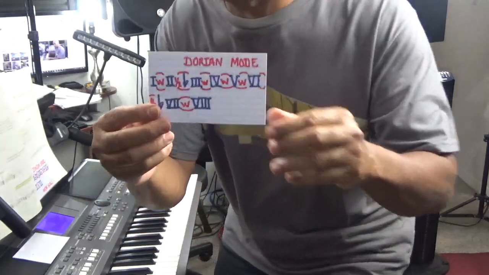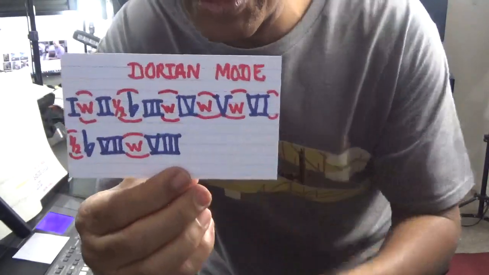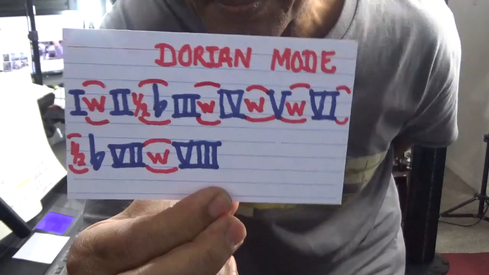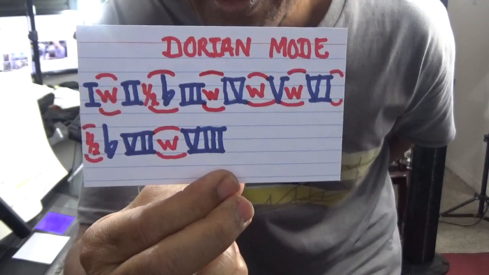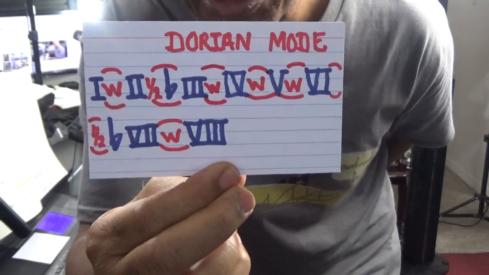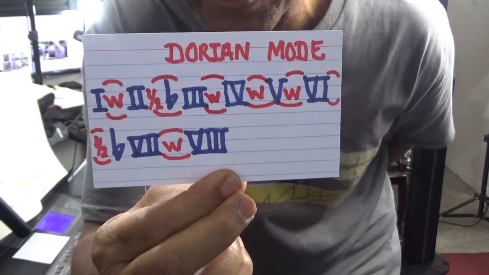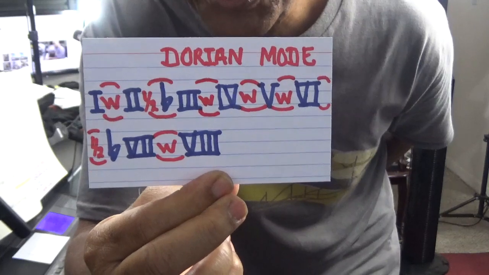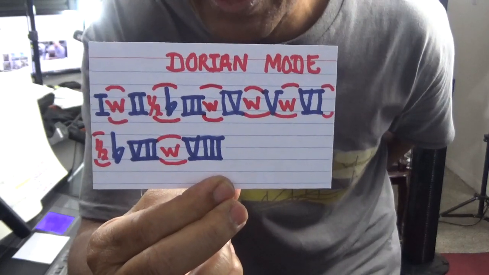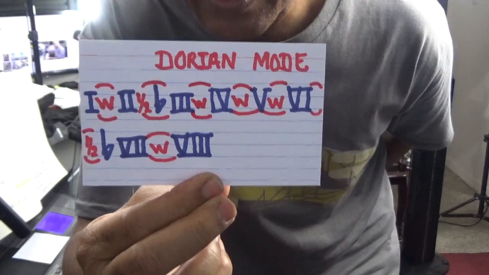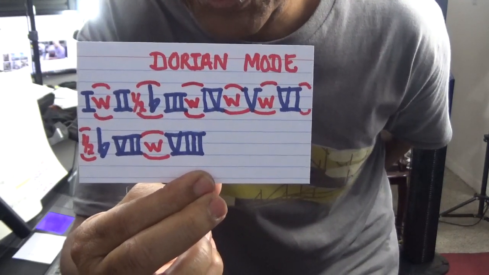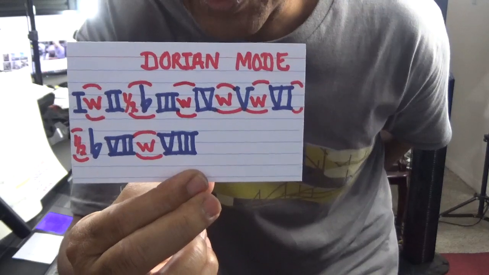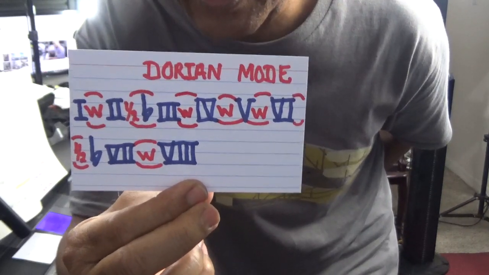This is the makeup of the Dorian mode on the keyboard when you play it. Now, if you are playing the Dorian mode in the key of C major, then you start on D, and that's the way the structure looks.